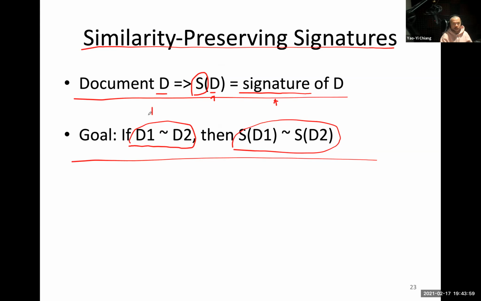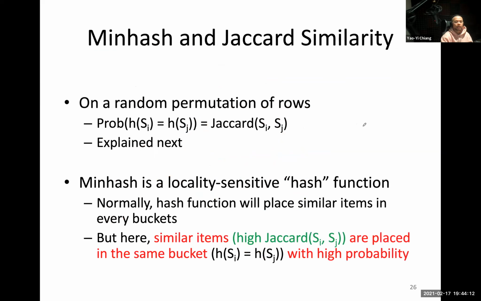If two documents are similar, then their signatures should be similar. Okay, so that means we want to be able to verify this to see if it still holds. So let's look at min hash and Jaccard similarity.